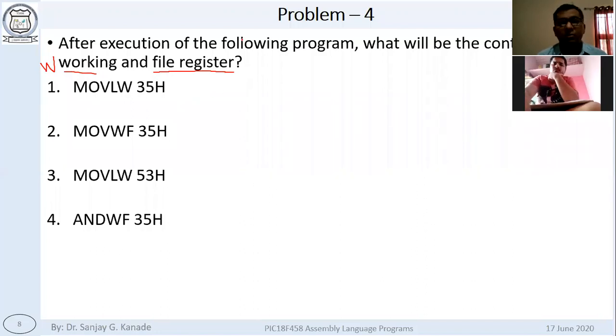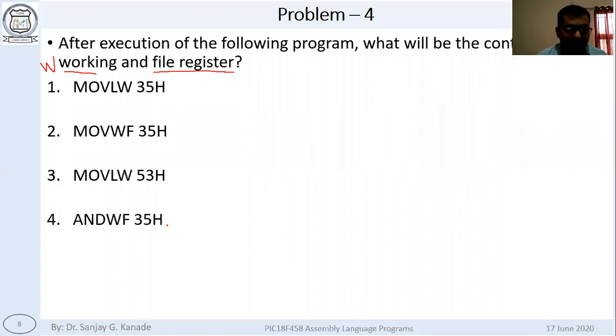Somebody tell me, which file register's contents are they asking? At the end we are going to write something. The working register contains this value, and the file register, but which file register contains some value? Can somebody answer right now? Okay, we will see this when we come to the end of our lecture.